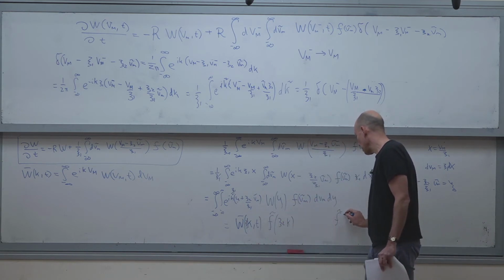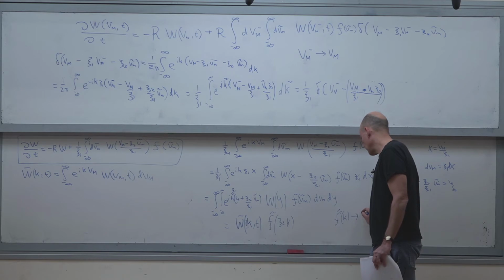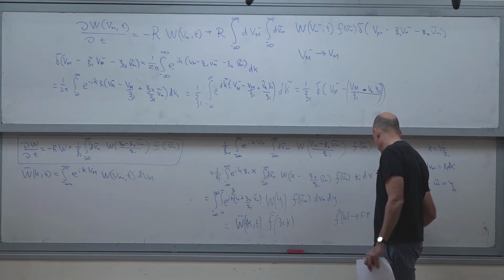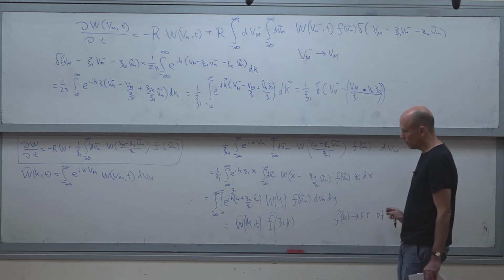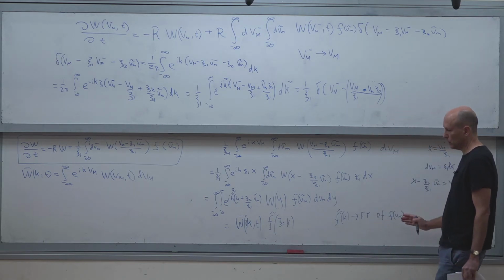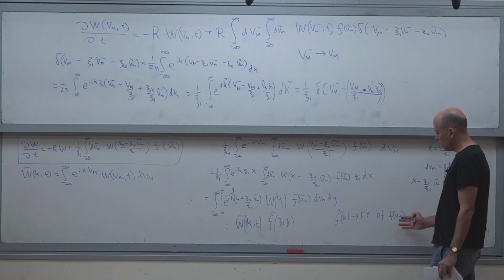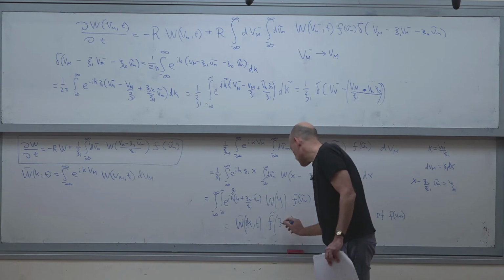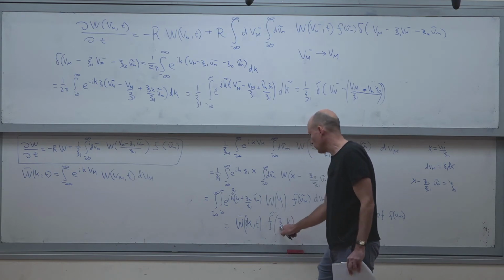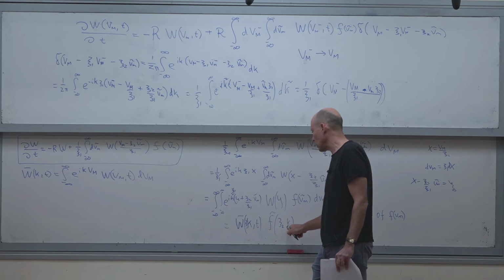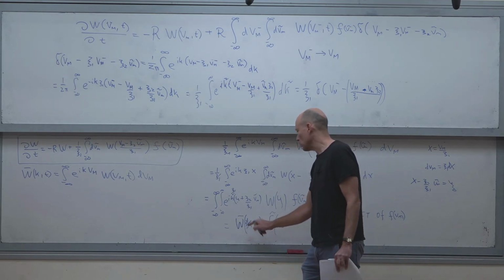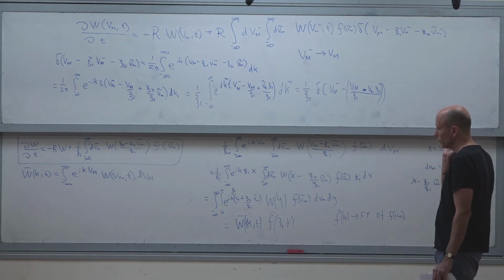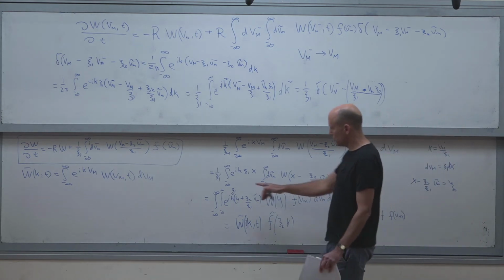F of k is the Fourier transform of f of v, the velocity distribution of the gas particles. You take its Fourier transform from Vm to k. And then you get this. Here you see the effect of collision. You have psi2 times k, and here you have psi1 times k. And the Jacobian is killed.